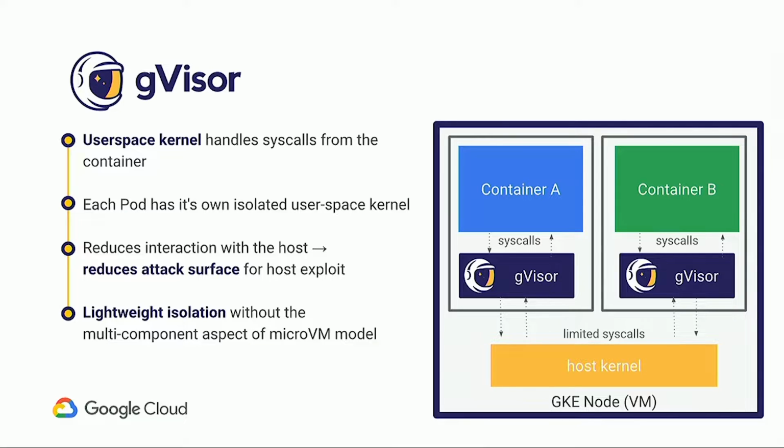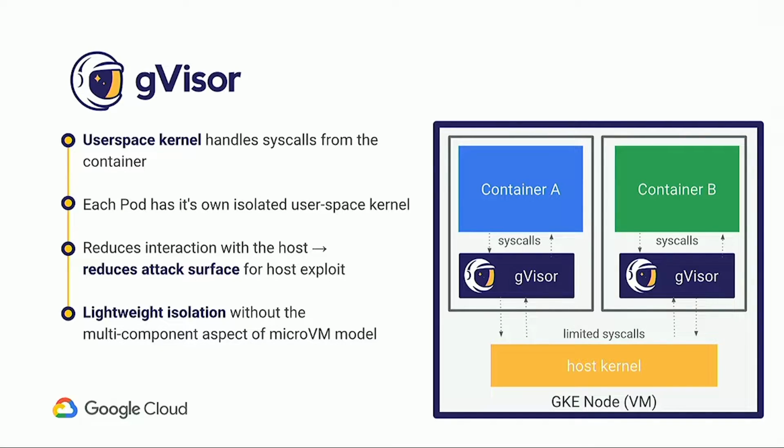We chose Go because it's a very good runtime. It provides things like garbage collection as well as type safety, which can help with the security of the user space kernel itself.